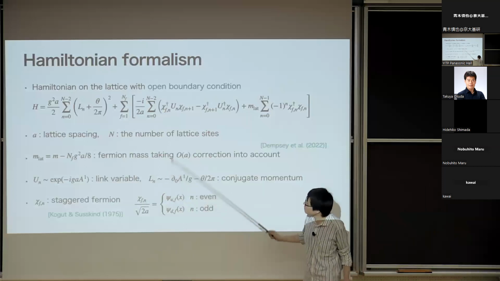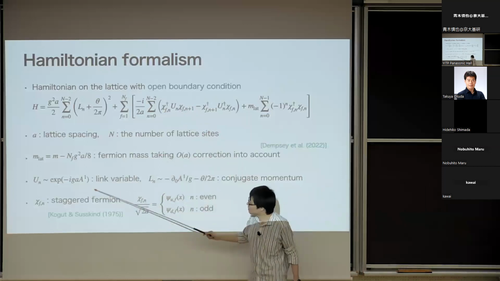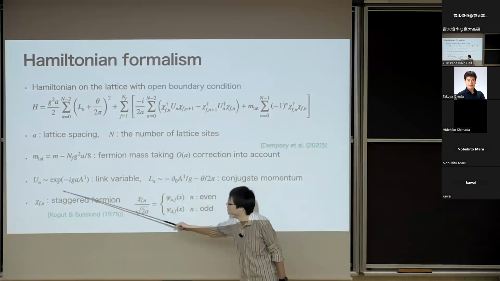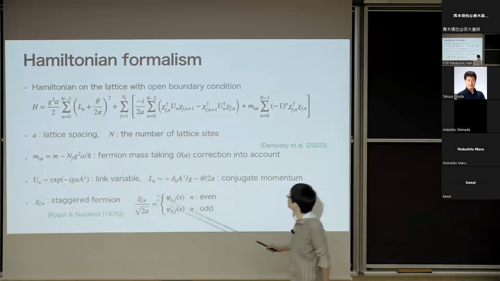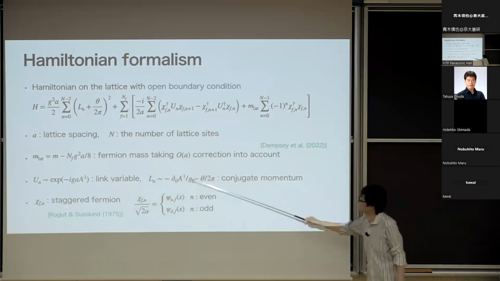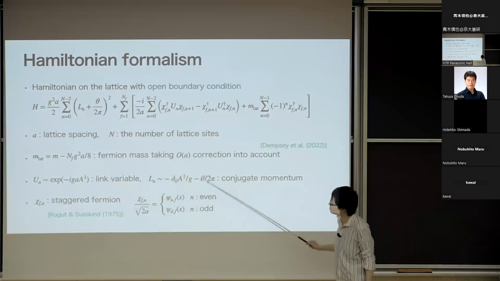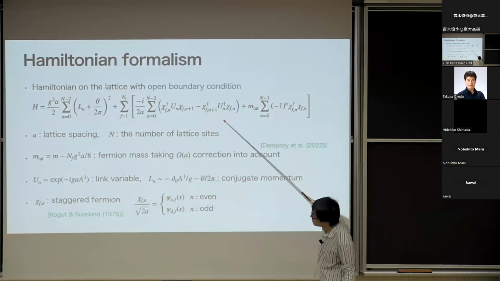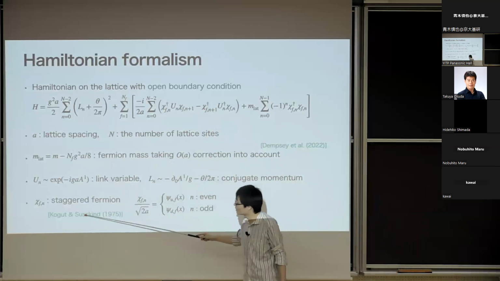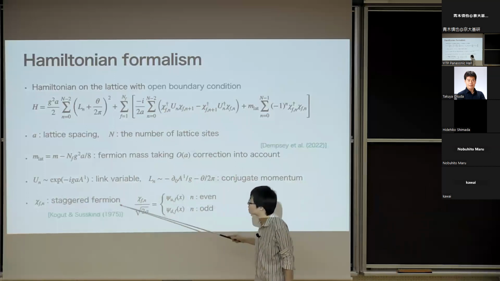And this U is the so-called link variable, which represents the gauge field. And L here is the conjugate momentum of the gauge field, given by this. And about the fermion, represented by this chi, we employ the so-called staggered fermion formalism.